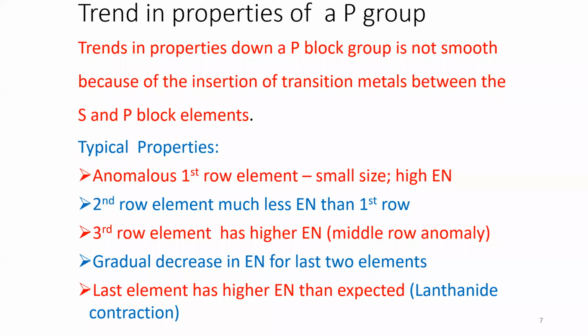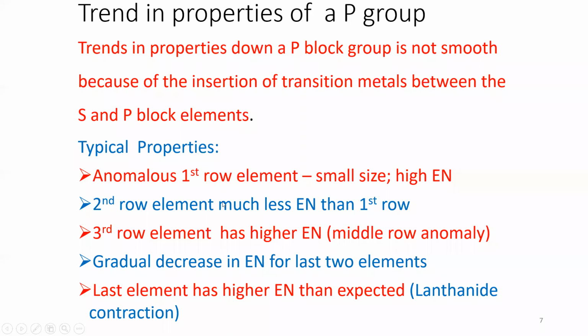Insertion of the transition metals between the s and the p block element. So we have the s orbital, group 1 and group 2. We have the p orbitals from 13 to 18. And in between this s and p block element, we have the transition metals. And this transition metal, most of them run across to p block element. So we say because of the insertion of transition metals between the s and the p block element.